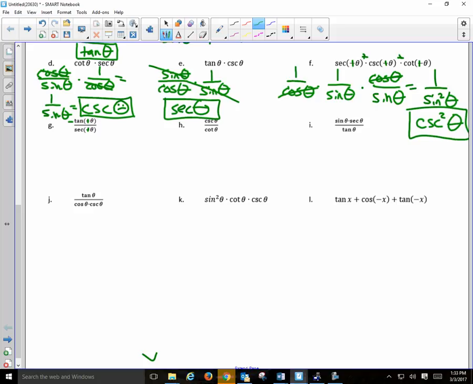Because then it would be positive. So you got negative sine of theta over cosine of theta. How about the bottom? Now what? The negative sign is my answer.